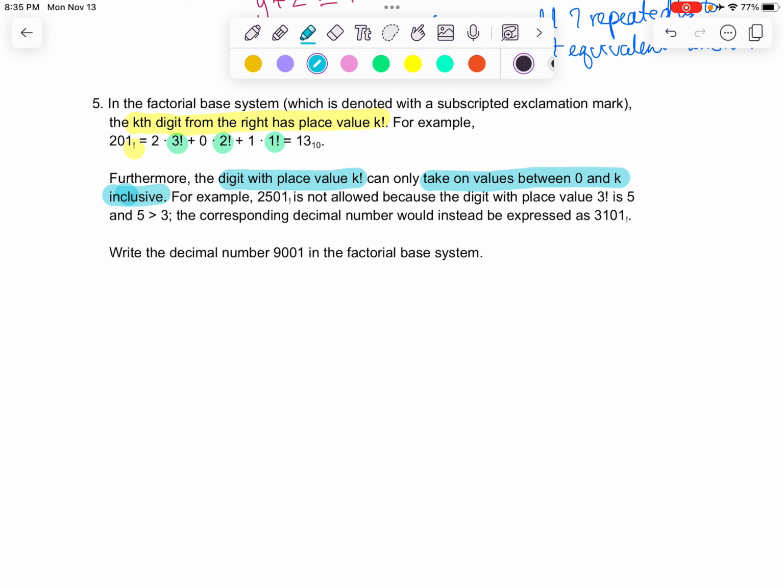So if I were looking at something where I had 1 factorial, 2 factorial, 3 factorial, and 4 factorial, that's basically saying that in this ones place, I can only have values from 0 to 1. Here, I can only have values from 0 to 2, from 0 to 3, from 0 to 4, and so on. Okay, so now that we know how this base system works, let's go ahead and do the actual problem.